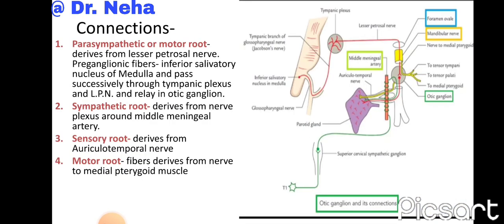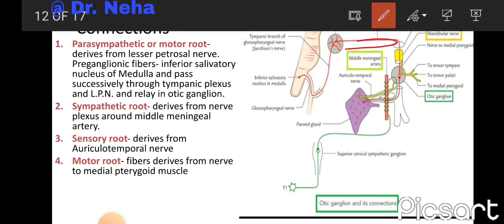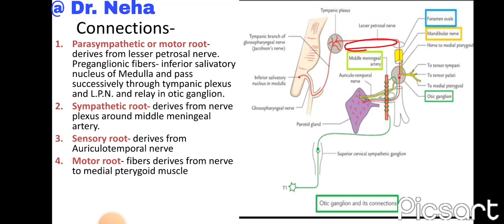Now the connections. It has a parasympathetic or motor root which derives from the lesser petrosal nerve. In the diagram we can see this is the lesser petrosal nerve. Preganglionic fibers arise from the inferior salivatory nucleus, which lies in the medulla.